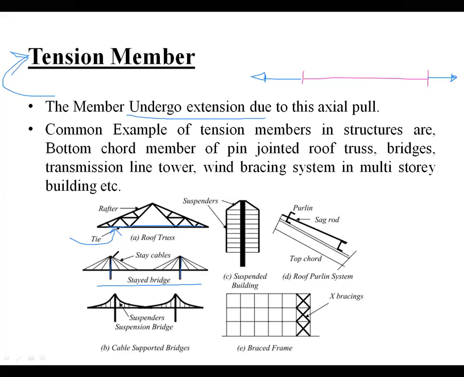These piers hold the deck portion by cable. That steel cable is also in tension, so when designing this cable, the tension member design should be followed. These vertical cables in a suspension bridge are also tension members.